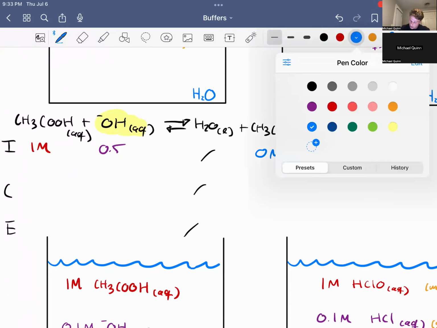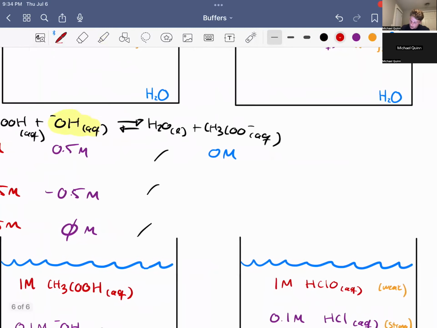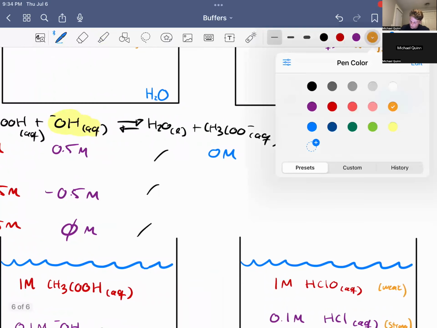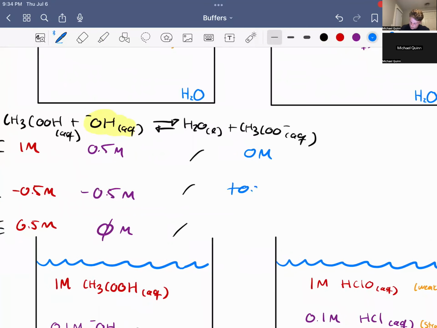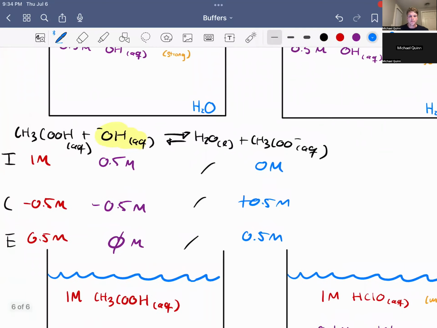So let's subtract 0.5 molar, and this will react. We'll have nothing left. We will have 0.5 molar left. And in that reaction, we produced 0.5 molar of CH3COO minus, which is the conjugate base.